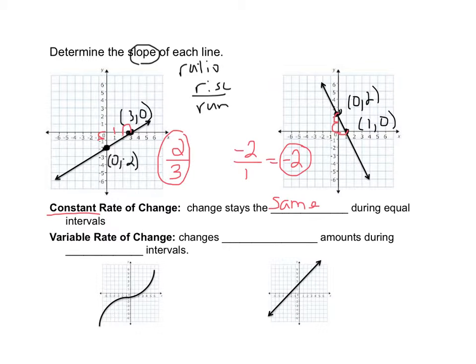A variable rate of change means that we see changes of different amounts during the same intervals. So you go ahead and pause the video and see if you can figure out which of these would be a constant rate of change and which one do you think would be a variable rate of change.